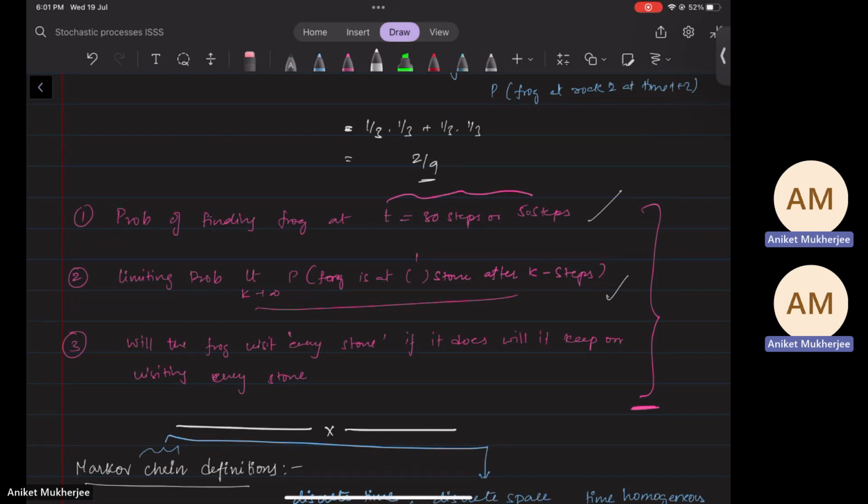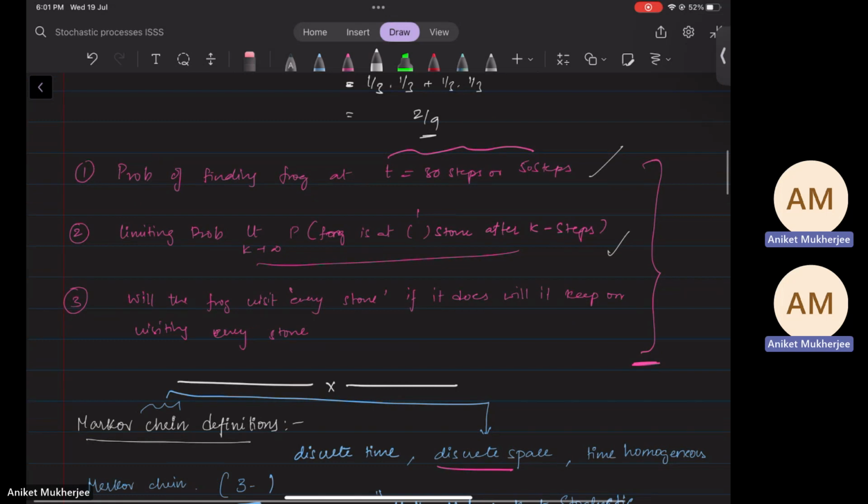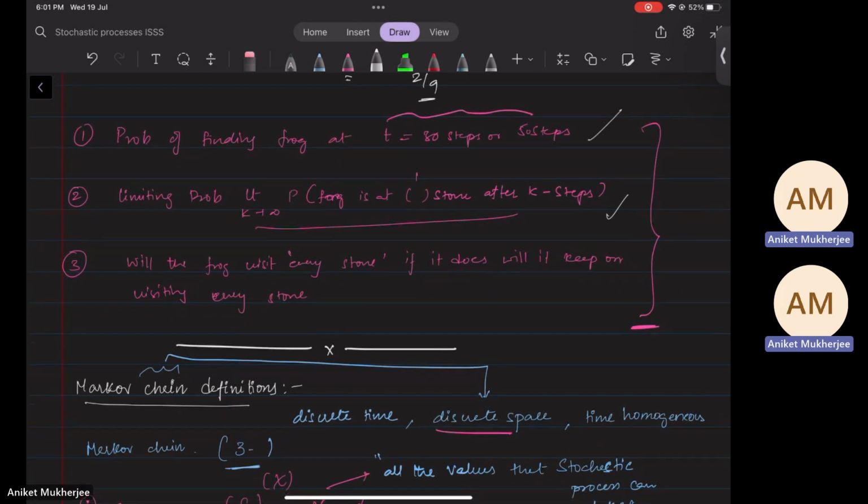What is the probability that you'll find the frog at one particular state that you want, given that you allow the system to run for an infinite amount of time. And then we also wanted to answer questions like, will the system visit each and every state always, or are there some states which the system visits once and does not visit again? Those kinds of things.